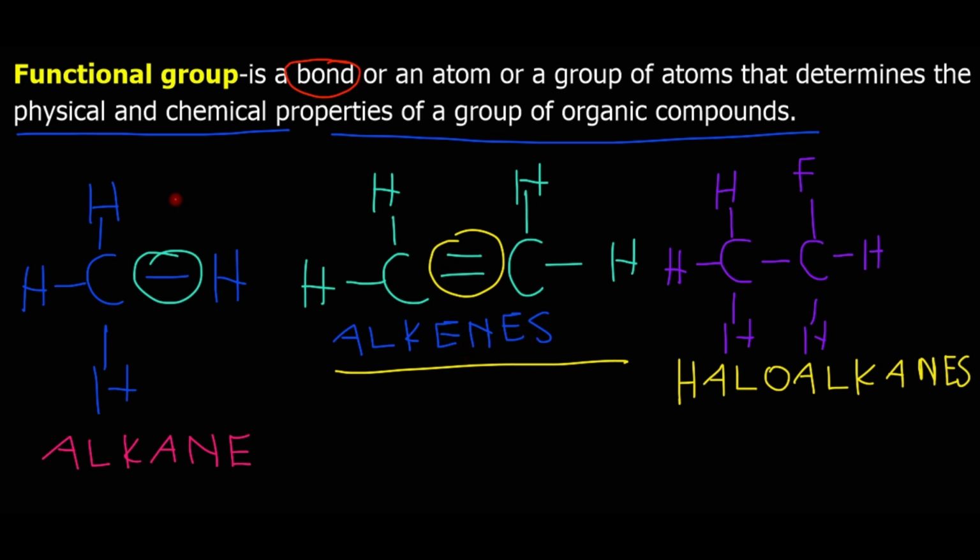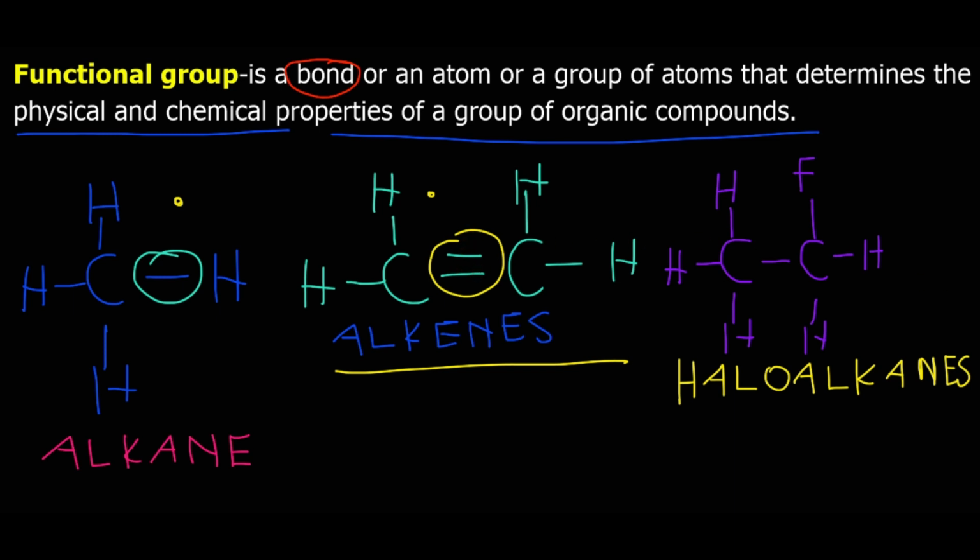The reason this one is different to this one is because of this bond. That is why it says it's a bond or an atom. So these compounds are different because of this bond. This one has a single bond, and this one has a double bond. And now this one we are saying is an alkene because of this double bond.